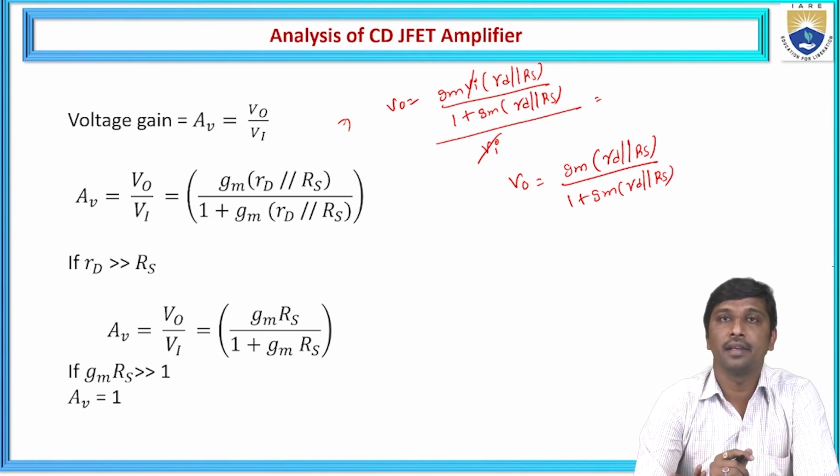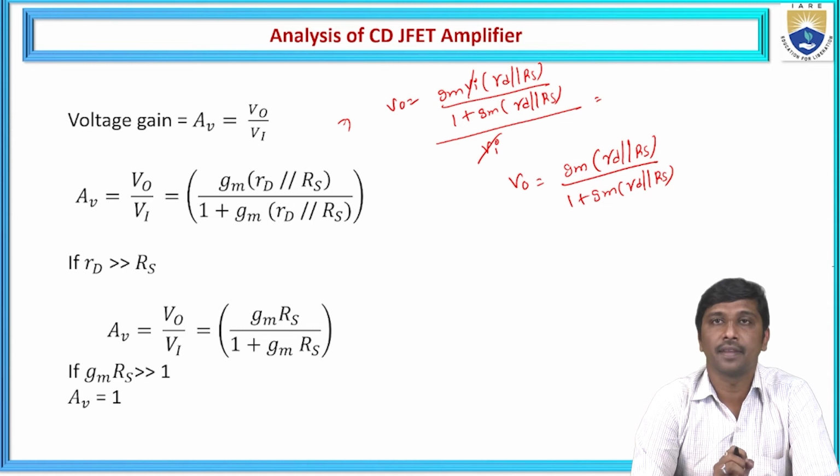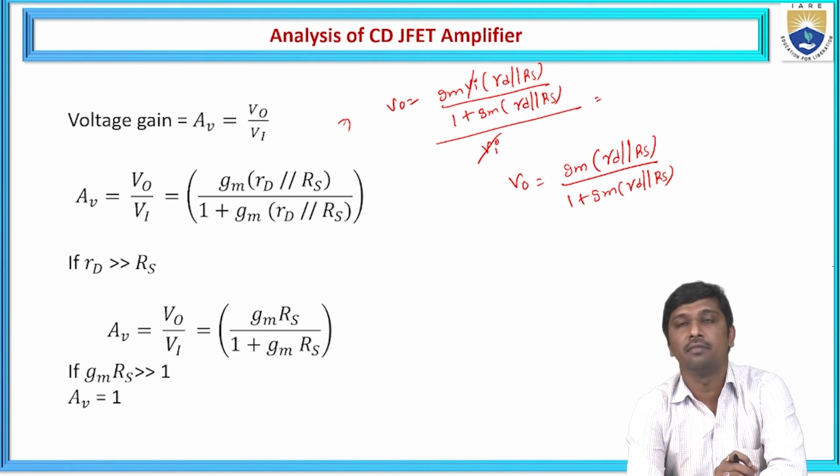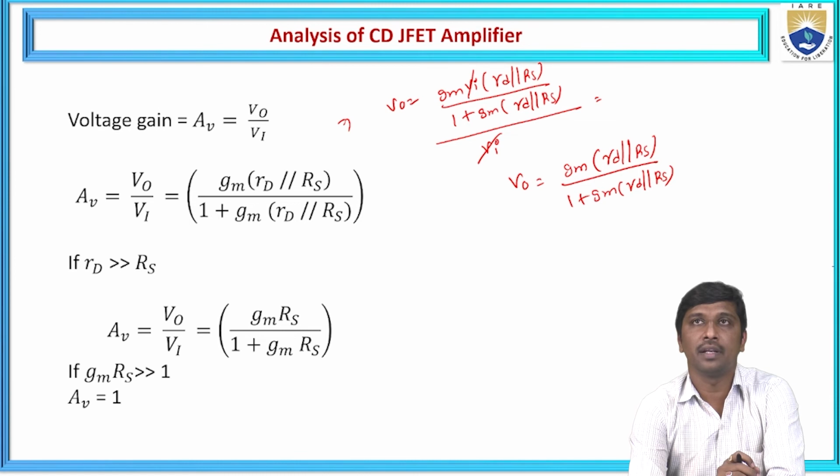Now, we already observed that whatever current is generated in this FET should be allowed through the load resistor, or the load side, which we need to maintain in the common drain amplifier.